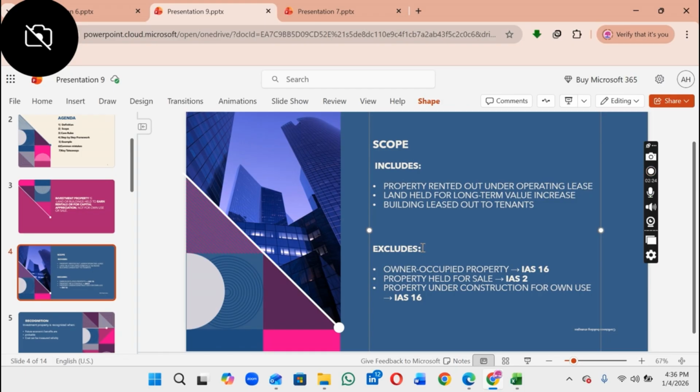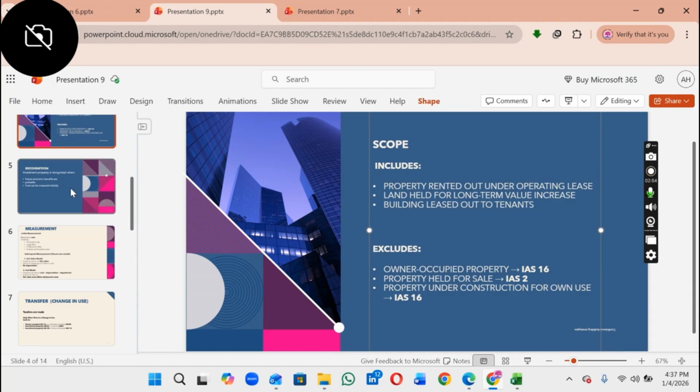What is not included in IAS 40 is owner-occupied property. It needs to be included under IAS 16. Property held for sale will not be recorded in IAS 40. It will be recorded in IAS 2, inventory. Property under construction for own use will also be excluded from IAS 40, and it will be recorded under IAS 16. So that is all about the scope of IAS 40.